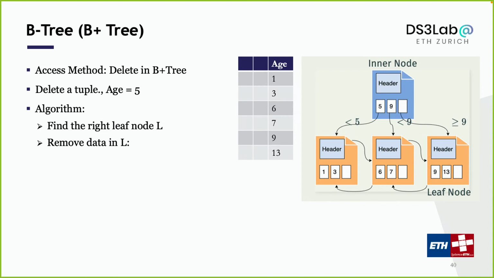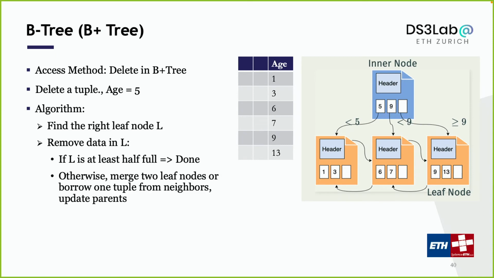You cannot have a leaf node that's not that full. Okay? Every single node needs to be at least half full. Okay? So in this case, what I'm going to do is, if this node is at least half full, you are done. Great. Otherwise, you start to merge 2 different leaf nodes, or you try to borrow tuples from your neighbors and update your parents.